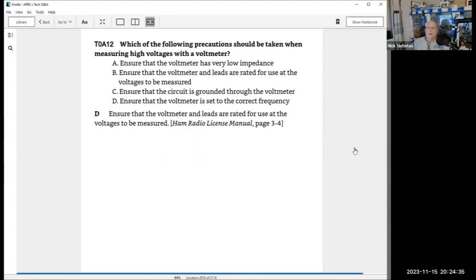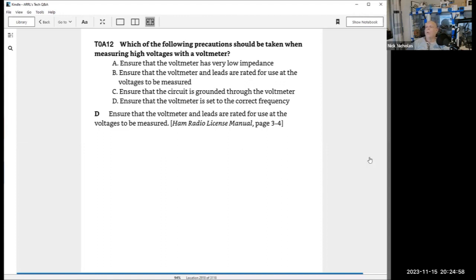It says D, ensure that the voltmeter is set to the correct frequency. I think somebody miswrote that because the answer down here is correct. Ensure that the voltmeter and leads are rated for the voltages to be measured. If you're measuring 200 volts with a 50 volt meter, you're going to be in a world of hurt.